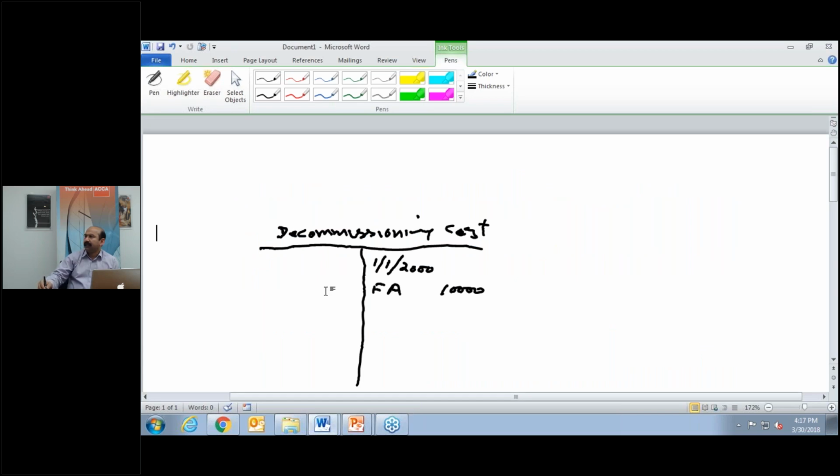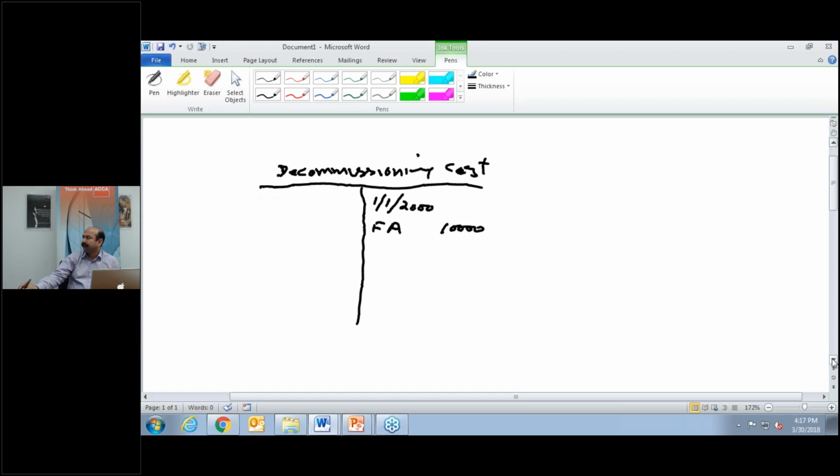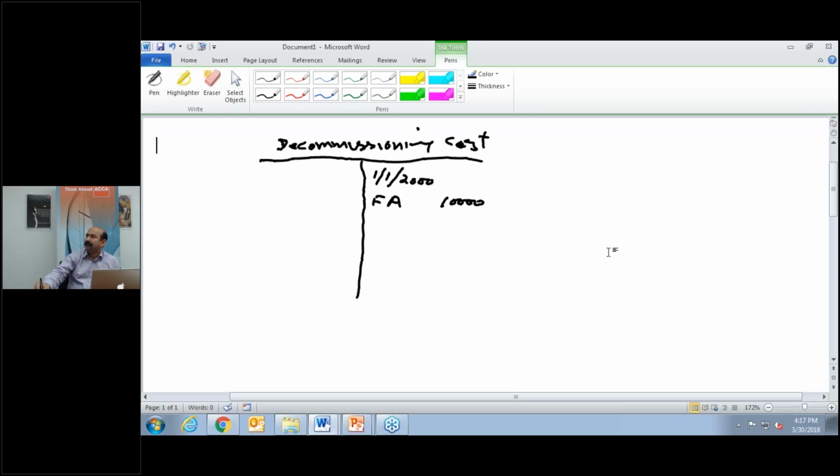So at the end of each year, you will be increasing this decommissioning liability with the charge for that particular year. On 31st December 2000, the profit and loss account charge will be 10,000 into 5%.